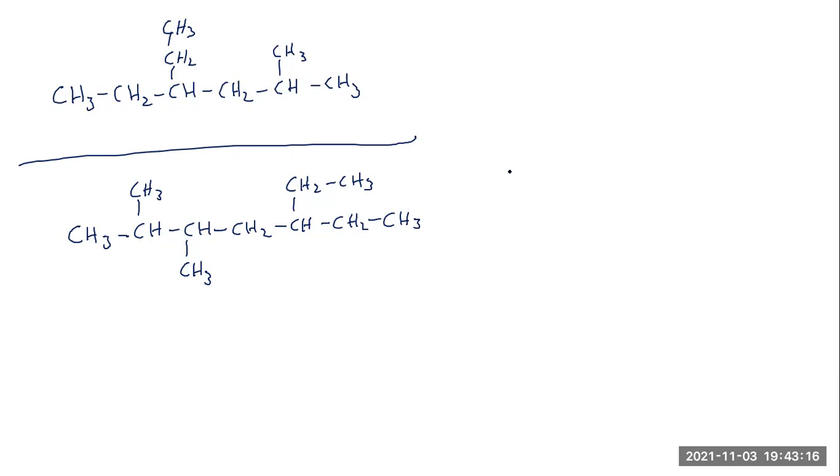Take a look, and again, following our same steps here. We'll start with the top one. We want to find that longest continuous carbon chain, so might as well just run straight across here. So that is 1, 2, 3, 4. If I could count, try that again. 1, 2, 3, 4, 5, 6. Other options would be go this way, 1, 2, 3, and then go up 4, 5.